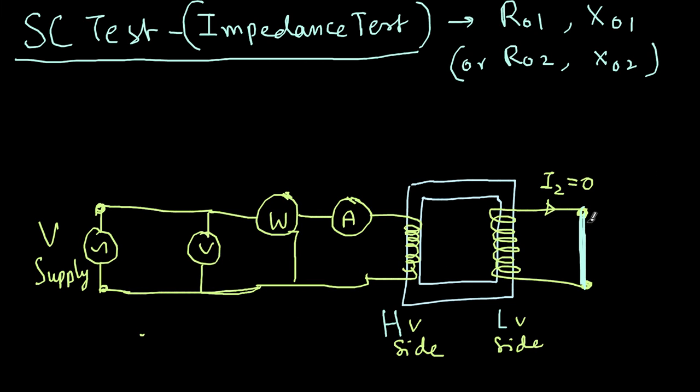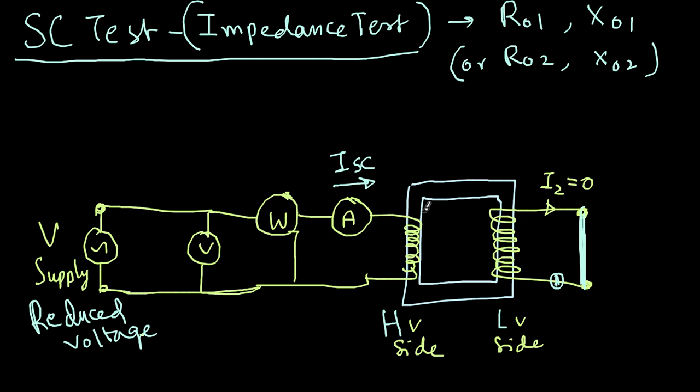And then because this side is short circuited, it would be dangerous to apply full voltage here. So reduced voltage. In fact, we start with 0 volts and then gradually increase this voltage. Of course, I can also connect an ammeter here and measure the current here, or this ammeter also shows the current. So this, let us call it ISC, the short circuit current.